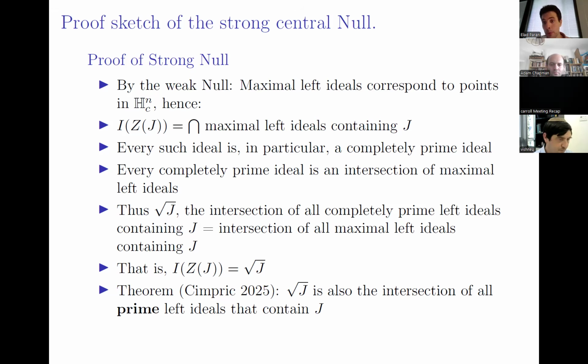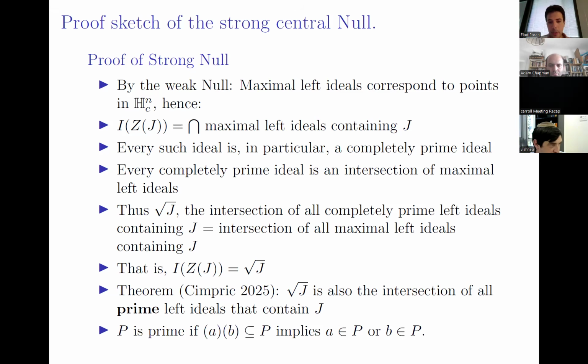However, his proof relies upon our theorem. It's not a direct proof. So one could still argue that maybe completely prime left ideals is the more natural notion, but now it's a philosophical question. It's not clear which is the more natural notion, and it is a very important question, and we will revisit it in a moment. And here prime is in the sense that we had before.